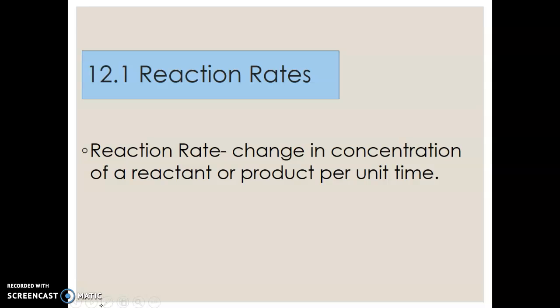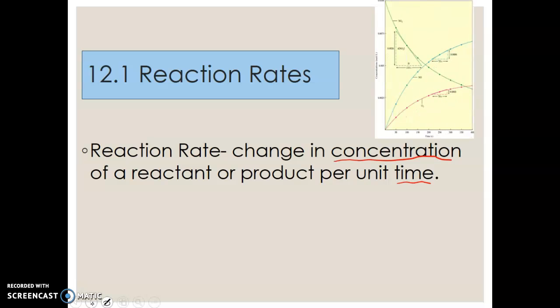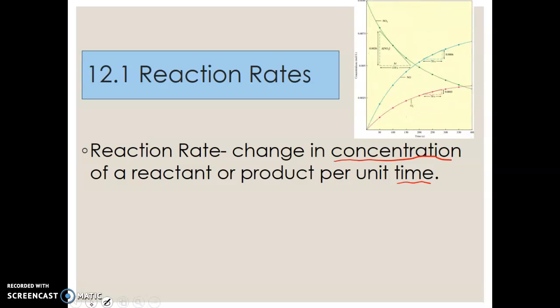So in 12.1, it starts off talking about reaction rates. Reaction rate is the change in concentration of a reactant or product per unit of time. So here's a graph showing the reactant is decreasing and the products are increasing.